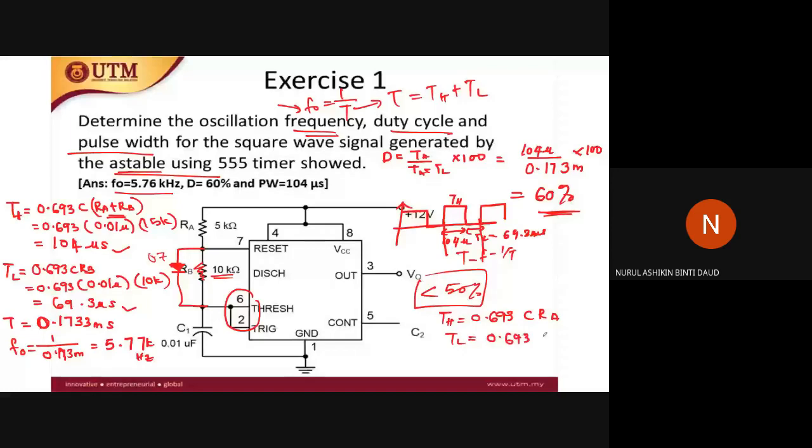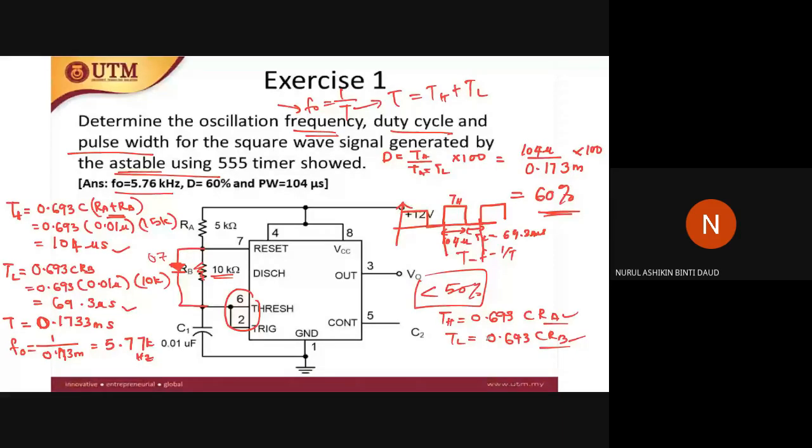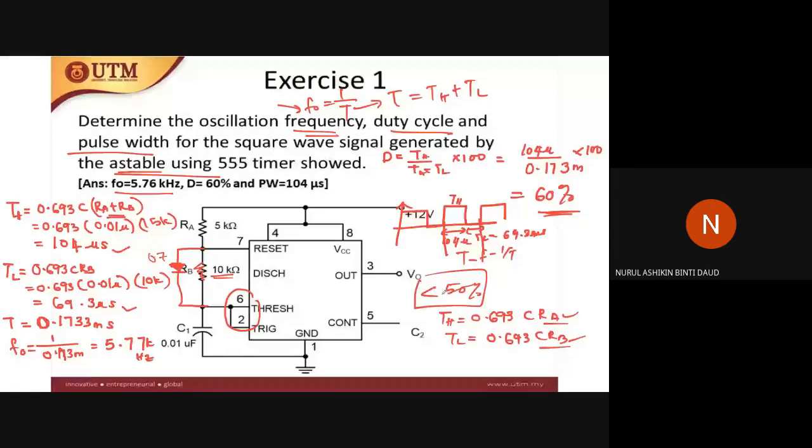So you can see here, only one resistor is involved for TH. So in this case, you can make the value of TL much bigger compared to the value of TH. If the value of TL is larger than the value of TH, you will get a duty cycle less than 50%.